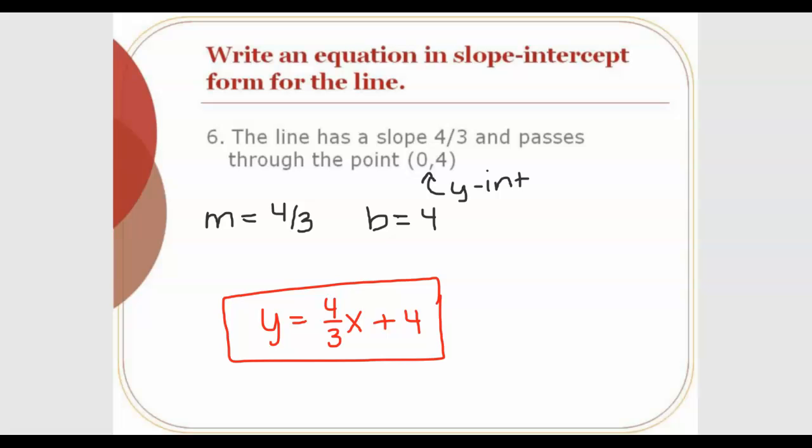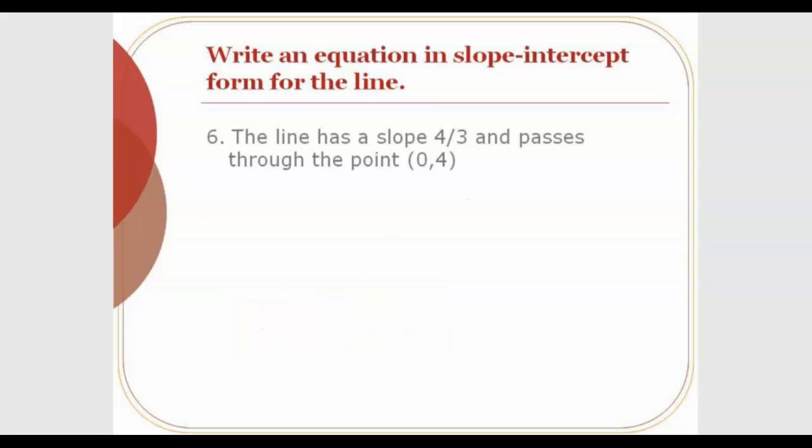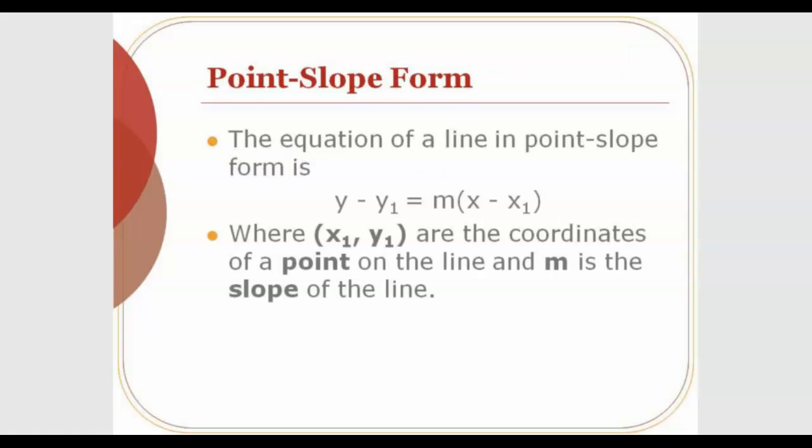Okay, the next equation of a line form is known as point slope form. And actually, it's so important, it's on my board right now because we used it in calculus today. So point slope form is y minus y1 equals m(x minus x1).